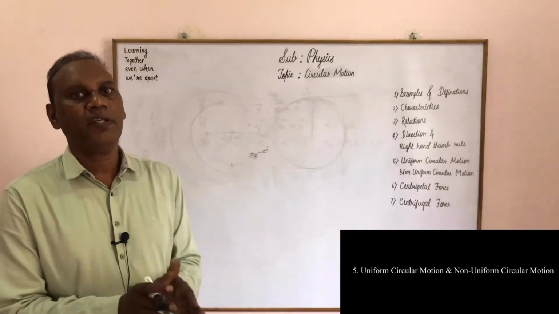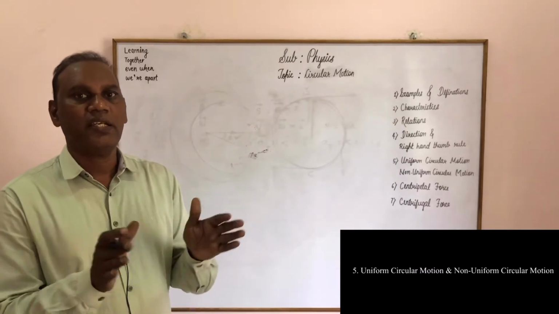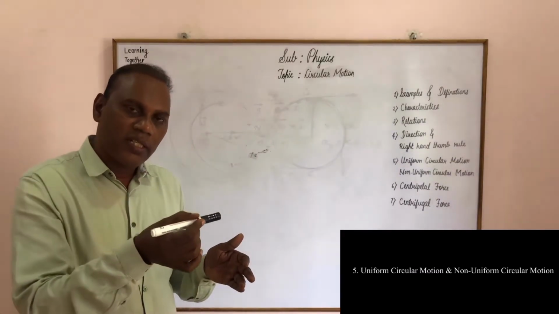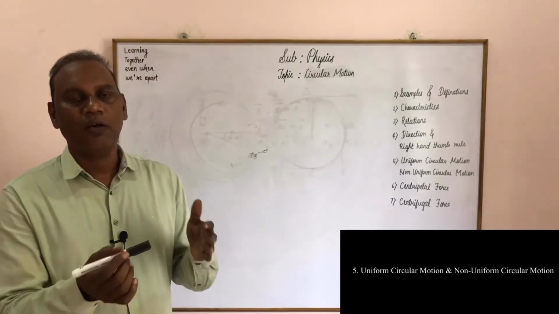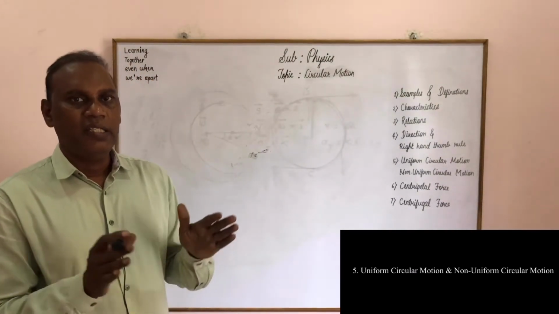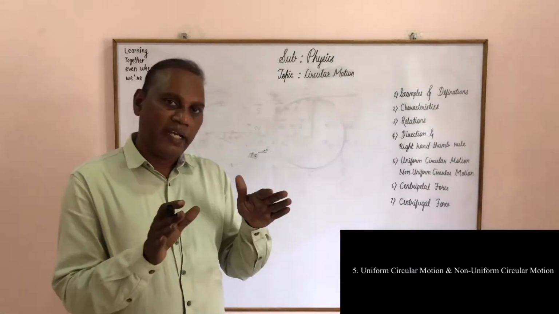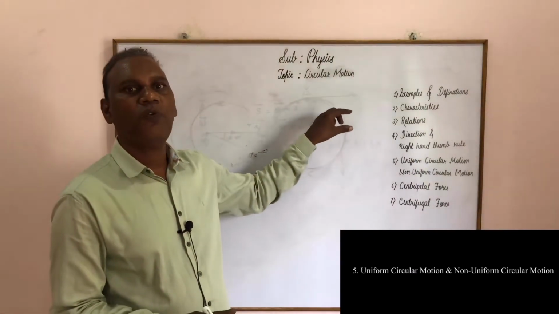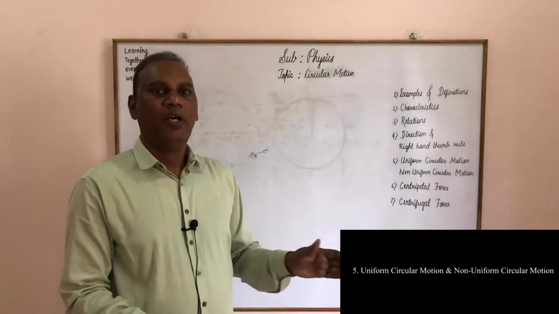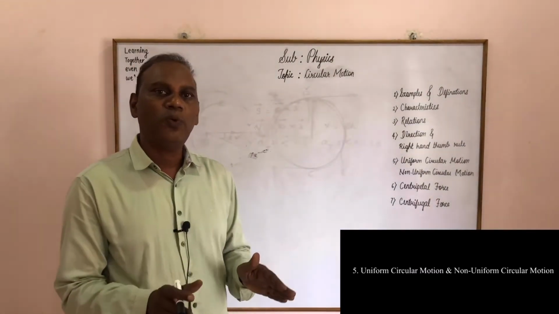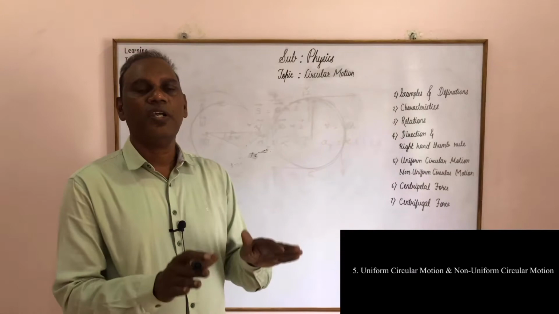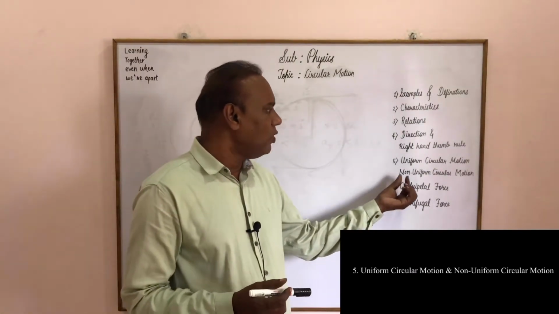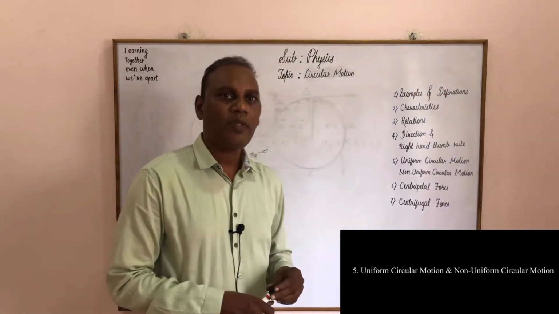It acts toward the center of the circle and along the radius. This centripetal or radial acceleration is responsible for uniform circular motion.